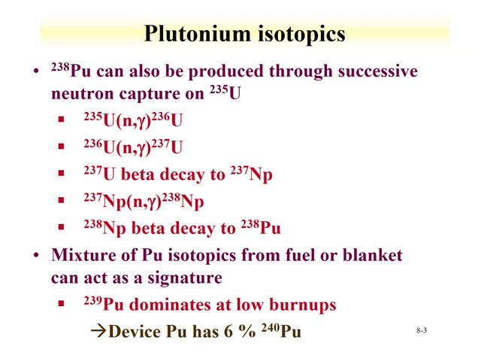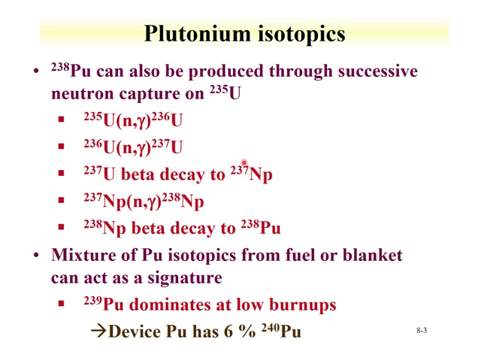Continuing with plutonium-238, this isotope can also be produced through successive neutron captures on uranium-235. As we see here, uranium-235 can form uranium-236, relatively long-lived. Neutron capture on the 236 going to uranium-237, which would beta decay to neptunium-237.